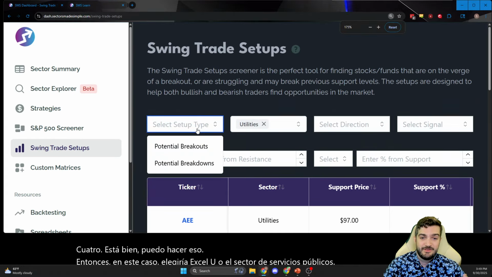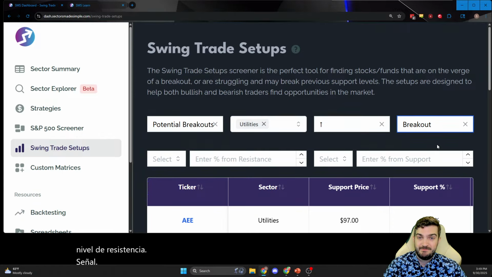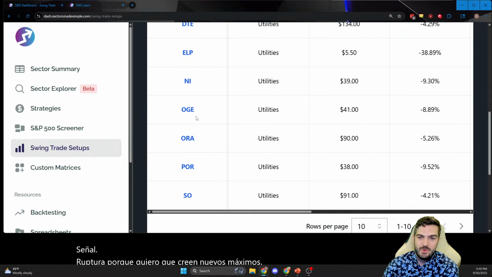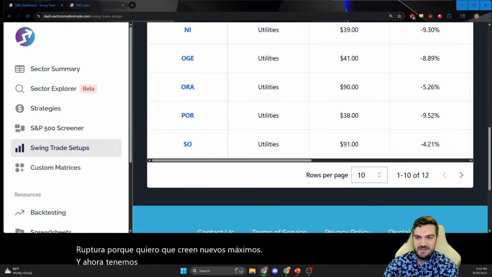Setup type. I want potential breakouts. Companies approaching their level of resistance. Direction, up. Signal, breakout, because I want them to be creating new highs. And now we get a list of 12 companies.